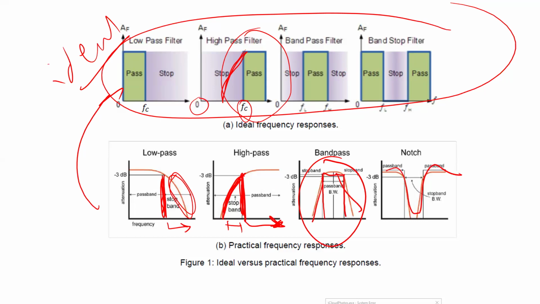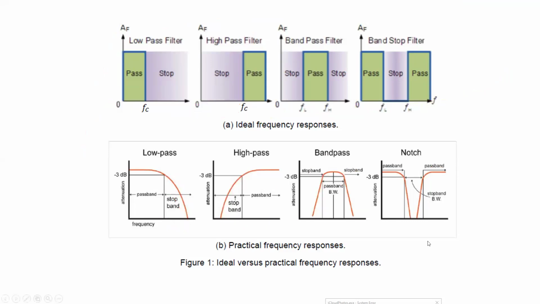Okay. Actually, this is just a very simple circuit for filters. But as I'm going to teach right now, you should know that the more complicated the circuit is, the closer it will be to the ideal behavior.